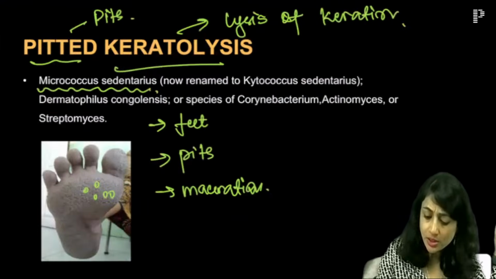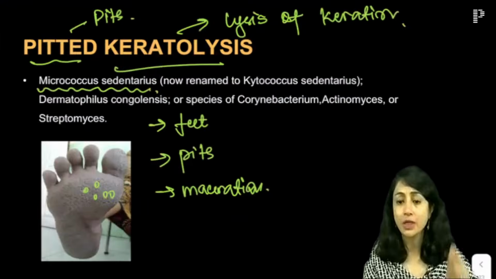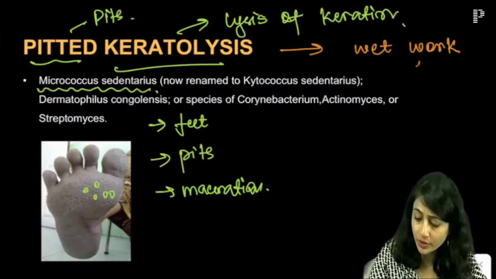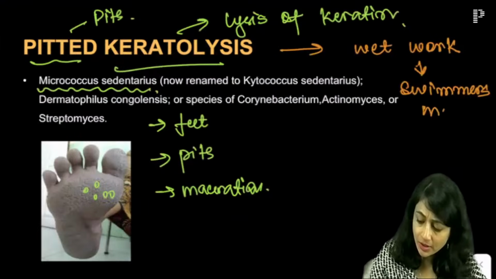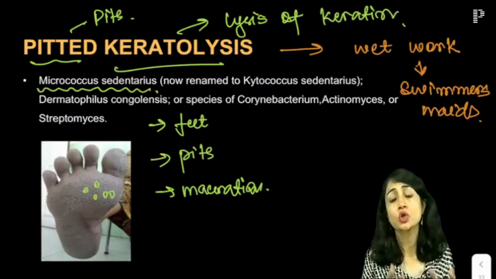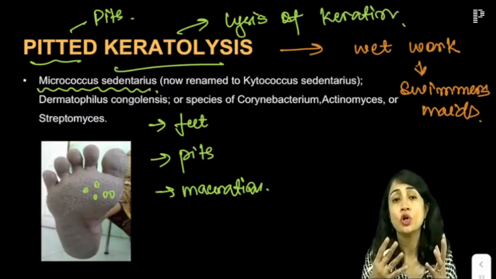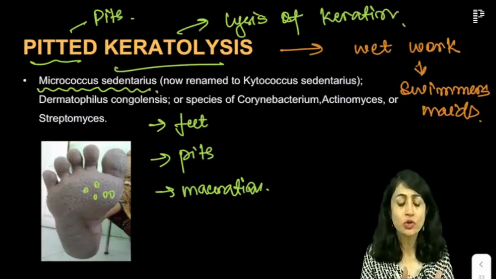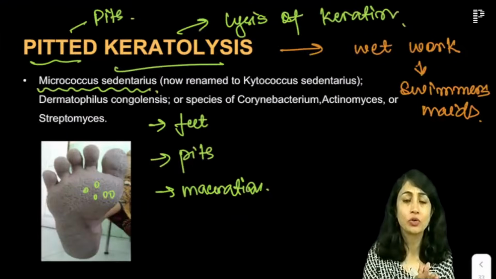Now, pitted keratolysis typically happens in individuals who are involved in wet work. So you will typically see it in swimmers and maids, individuals whose feet are constantly exposed to moisture or water for a long time. Because of that, there is infestation by Corynebacterium.